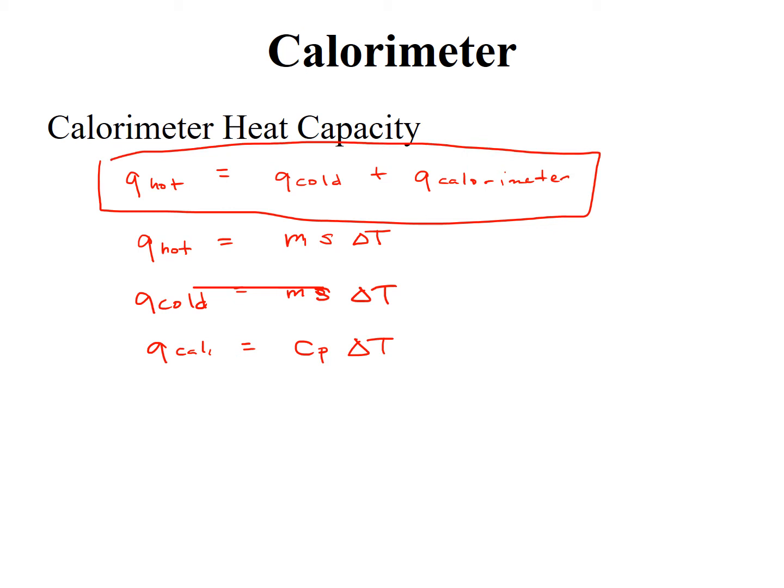Now if we keep all temperature changes as positive quantities, we can get the heat capacity as equal to the heat lost by the hot water minus the heat gained by the cold water, over the rise in temperature.